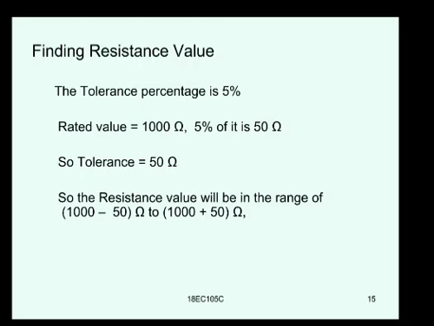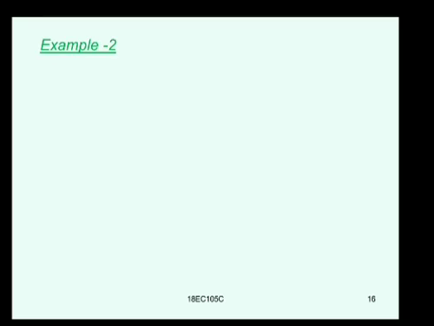So the minimum value of the resistance would be 950 ohms and the higher value will be 1050 ohms. So the given resistor is rated for 1 kilo ohms and with the given tolerance it can vary between 950 ohms to 1050 ohms.